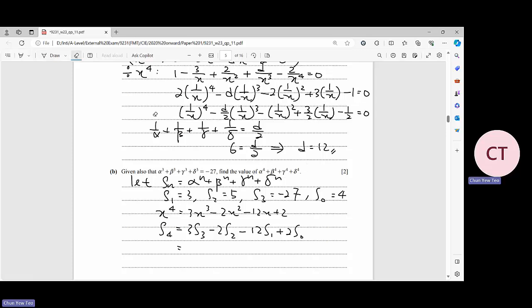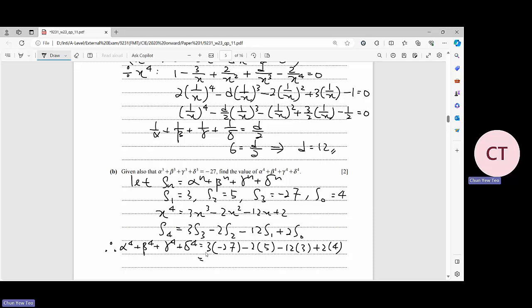So therefore, alpha power 4 plus beta power 4 plus gamma power 4 plus delta power 4 is equal to 3 multiplied by negative 27 minus 2 times 5 minus 12 times 3 plus 2 times 4.